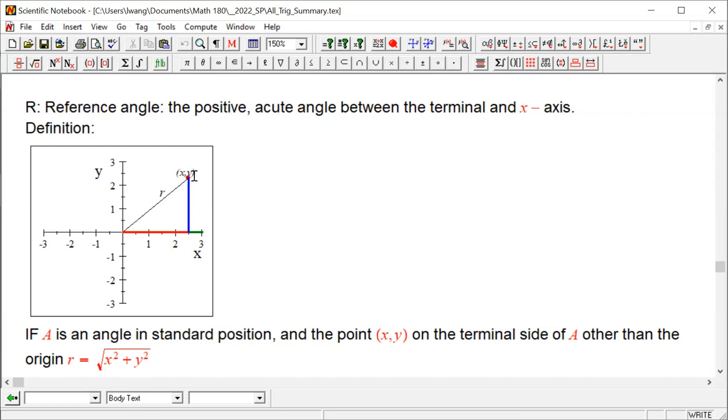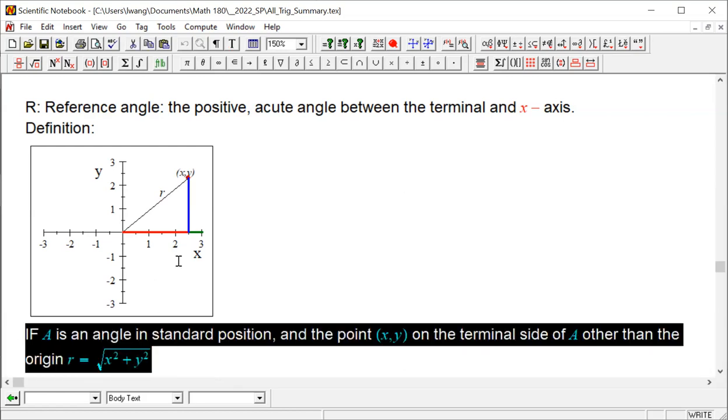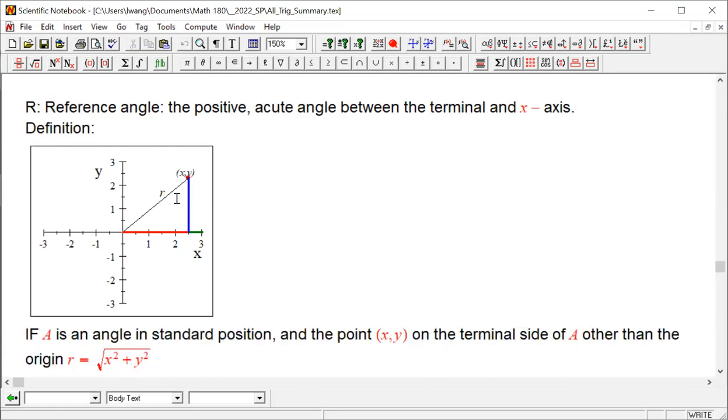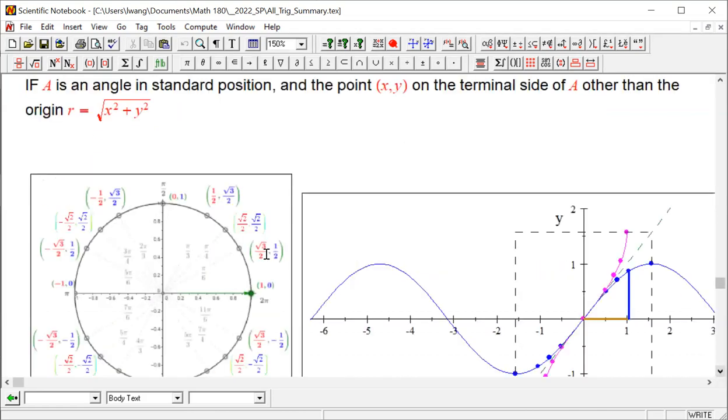So we have the point (x, y). x has a physical presence, that's the red, and y has a physical presence, that's the blue. r is the square root of x squared plus y squared. The way we describe r guarantees that r is going to be positive. So we have three quantities described here.